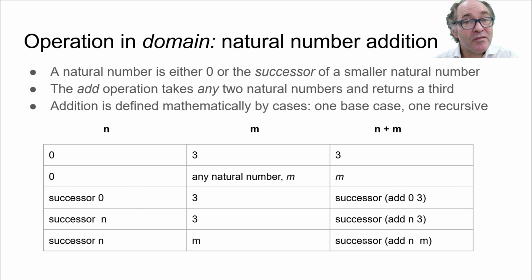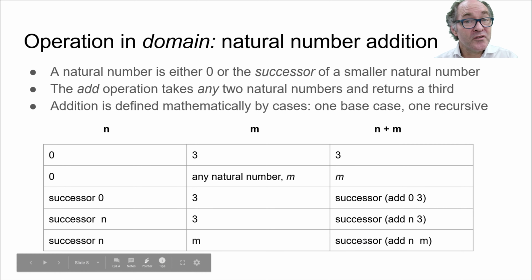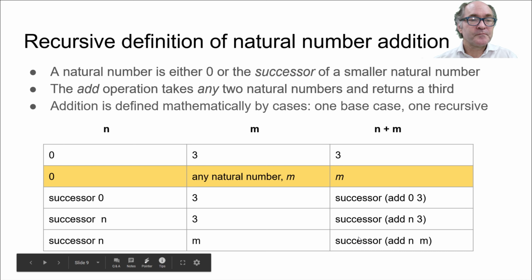Okay? That's how mathematical addition is actually defined. We're not talking about symbolic representations here per se. We're just talking about how numbers are defined, how natural numbers are defined, and how addition is defined as a function, as a binary operation, as an operation that takes two natural number arguments and returns a natural number result. This is the mathematical definition of addition.